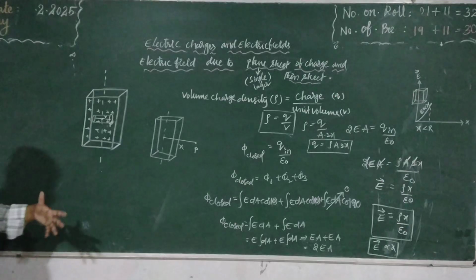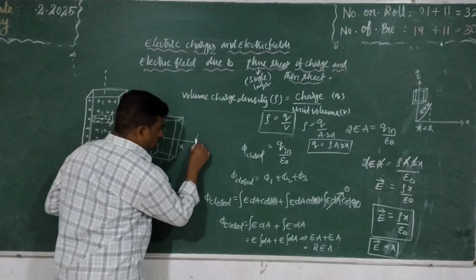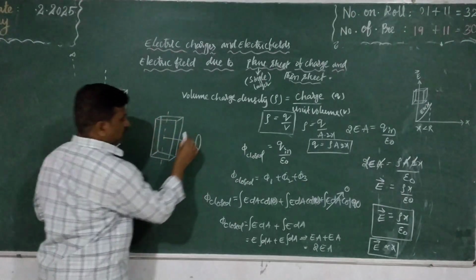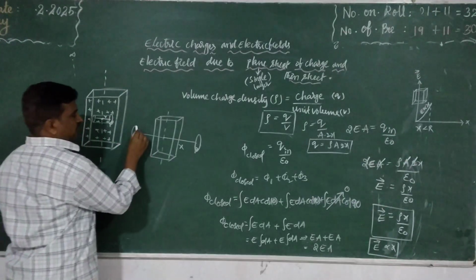That we have to find out. For that, we can select the same kind of Gaussian surface. Here the cylinder is the Gaussian surface for the thin sheet.